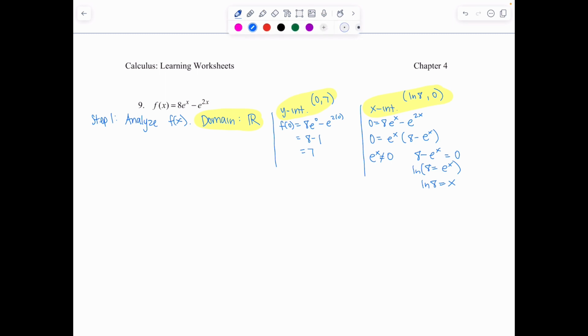Step 2. Analyze our first derivative. So our first derivative is: derivative of 8e to the x is 8e to the x. Derivative of e to the 2x is 2e to the 2x. We set that equal to 0.